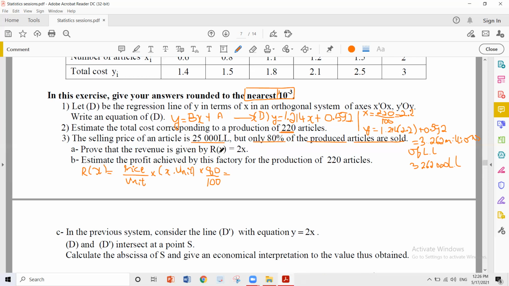Equals. Price is how much? 25,000 over million times X over million, times X times 100 times 80 over 100.